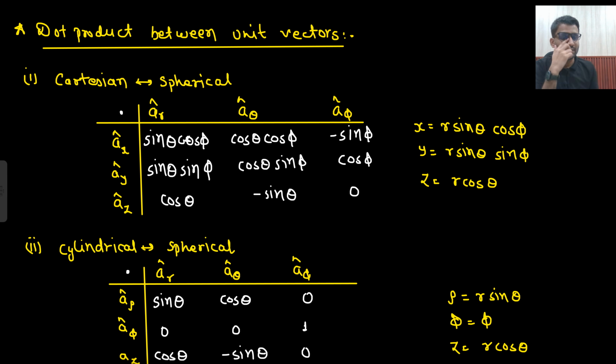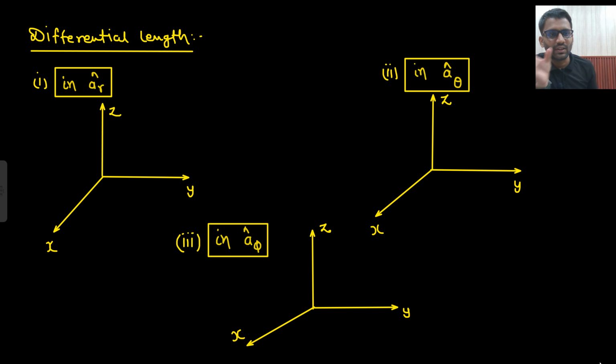Okay. Now let's see small length. Basically, differential length I need to write down. So I will work small length in all the directions. In R, if I am working small length, this is simply a distance. This is my R. If I am working small length in AR, that would be dr only. So dr AR cap.